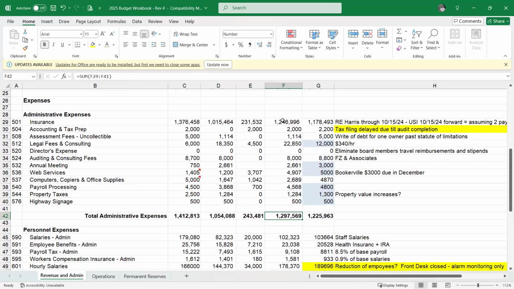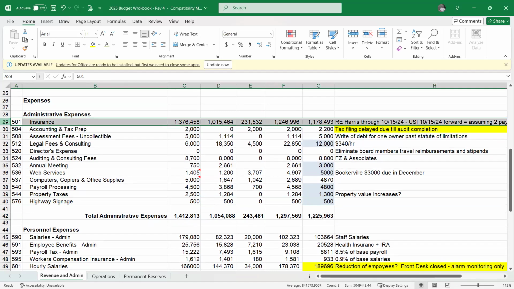We actually, going back to the insurance, because our insurance renews in October, we get 2.5 months offset. So what we're budgeting for is an annualized amount.